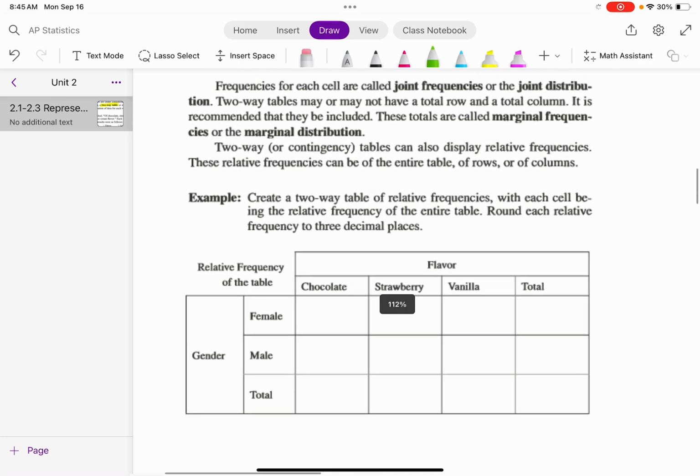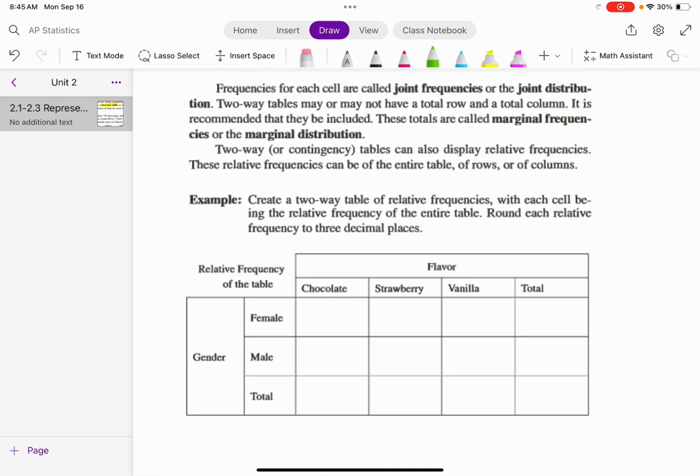Just like we had relative frequency tables in chapter 1, we also have relative frequency tables in two-way tables. Those are called joint frequencies because I'm looking at the frequency of both the rows and columns.